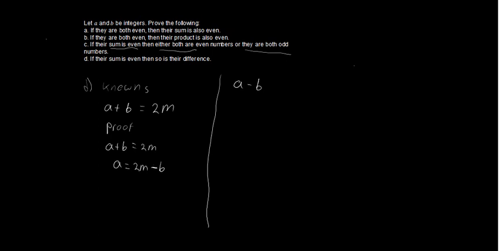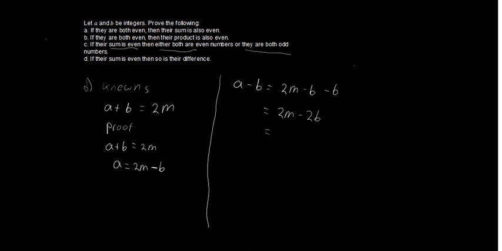Now this can then be expressed. So we have our value of A from the stuff that we already know here, right? So I'm going to say 2m minus B minus B. So this here is coming from this one over here. So in doing so, we have 2m minus 2B, right?